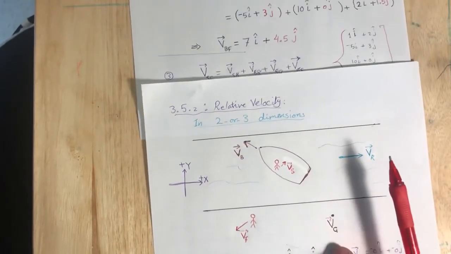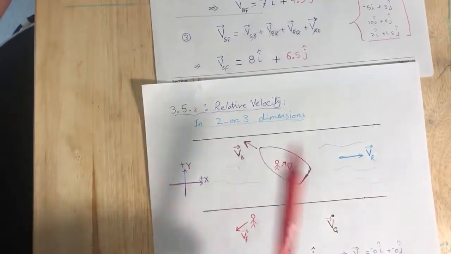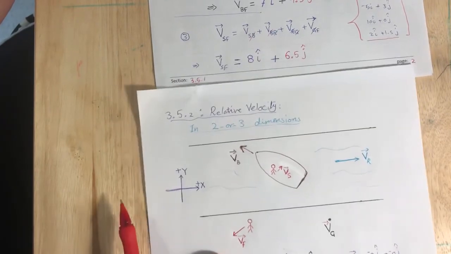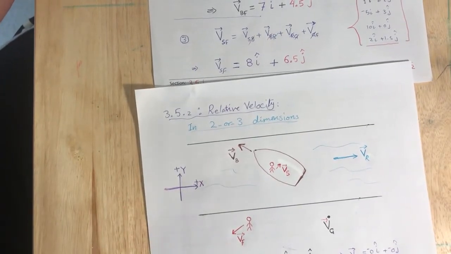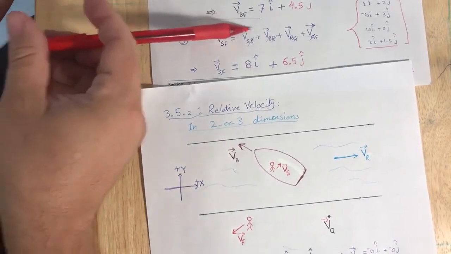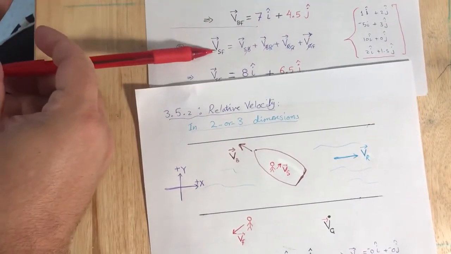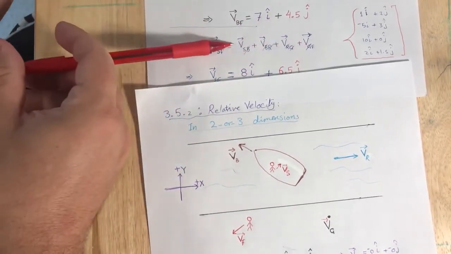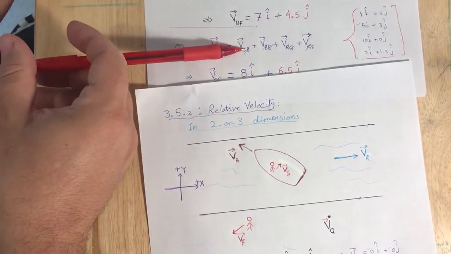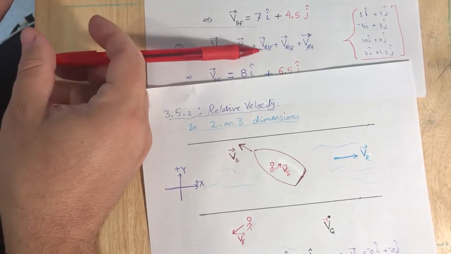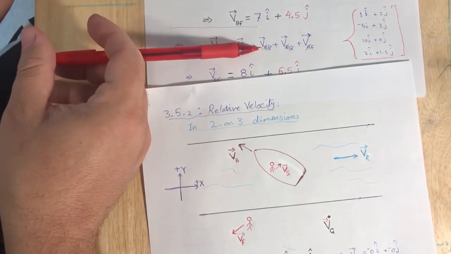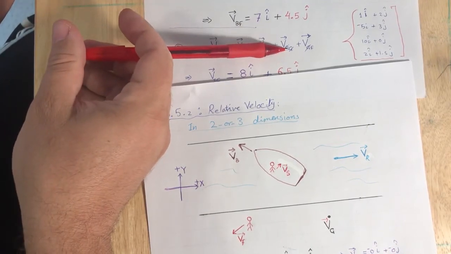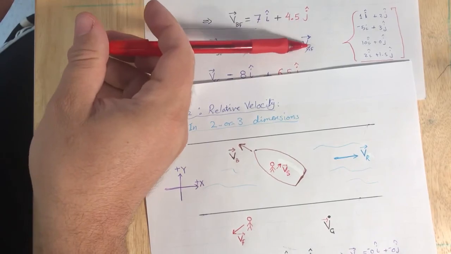Moreover, what is the velocity of the sailorman with respect to the fisherman? It's easy. I need to find this relation. This is not unknown, because I know these velocities. I know the velocity of the sailorman with respect to the boat, and the velocity of the boat with respect to the river, plus the velocity of the river with respect to the ground, and the velocity of the ground with respect to the fisherman.